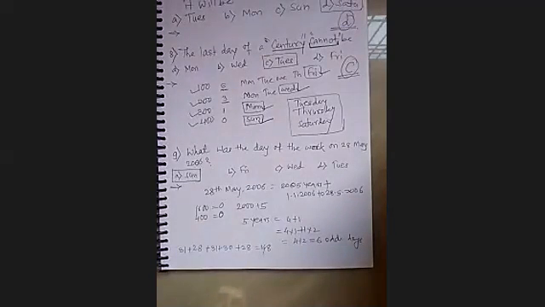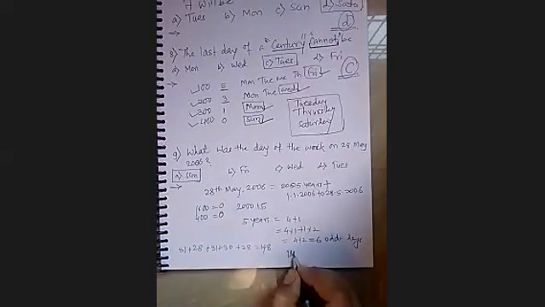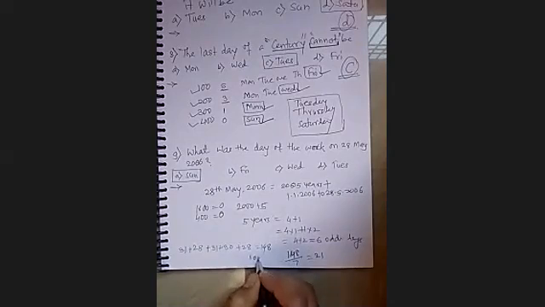Now if you convert it into complete weeks, it will be simple. 148 divided by 7 gives 21, and you have 1 odd day.